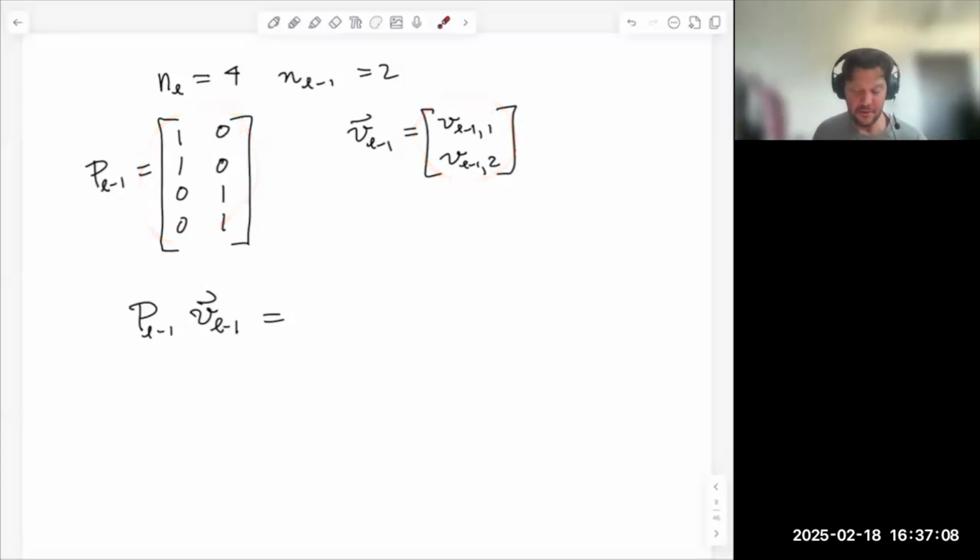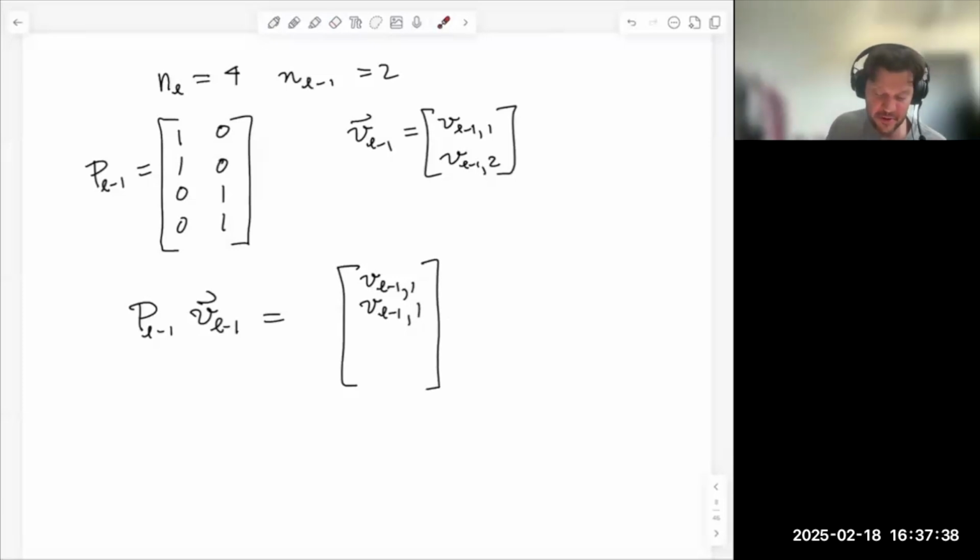So all we need to do is resolve what are the components in the product. There are going to be 4 components in the product. So in the first 2 positions, we have v_{L-1,1} and v_{L-1,1}, right?